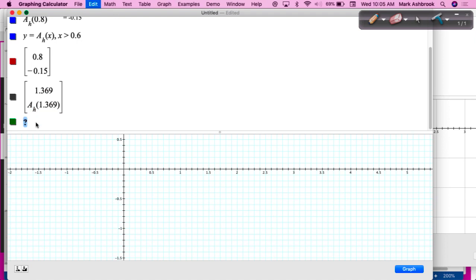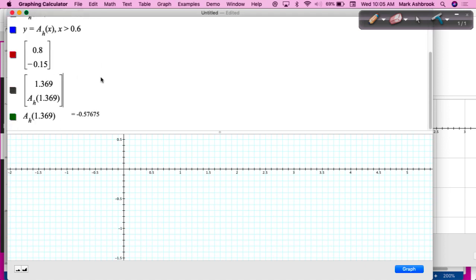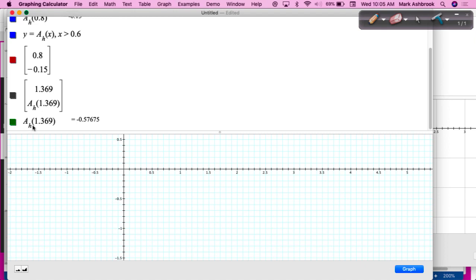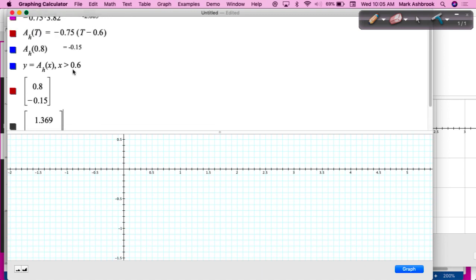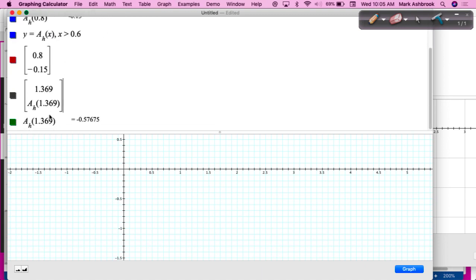I can just enter that in a line on GC, and as soon as I put that in a line of GC, it tells me what its value is, based on the function I defined before. So this function notation is super powerful, really helpful for representing values of the dependent variable. And then by putting the function in first, we can just type in that, and we know its meaning, and then GC does the calculation and tells us what the value is.